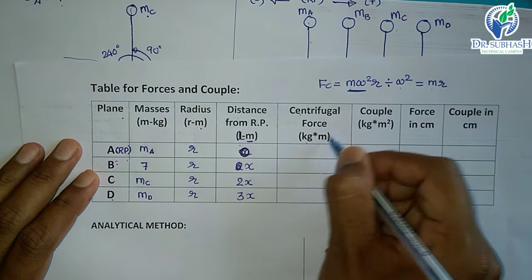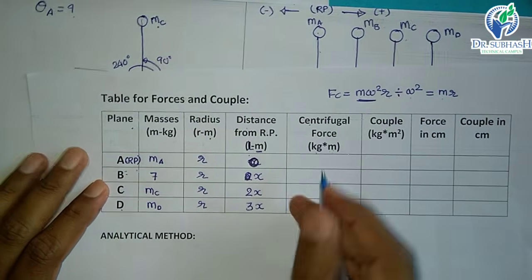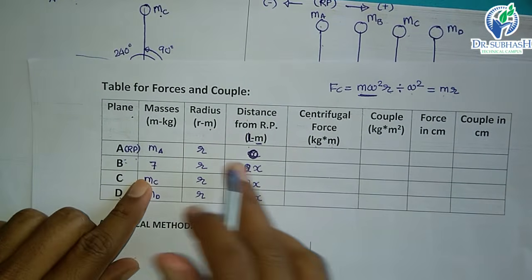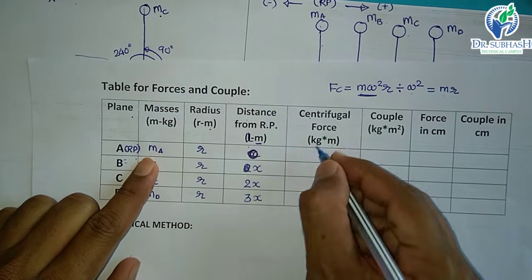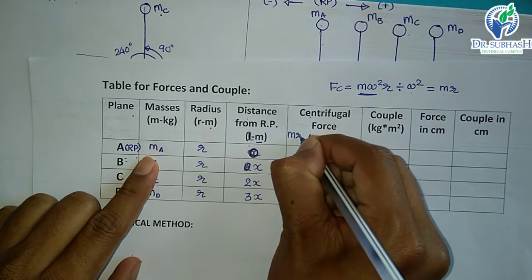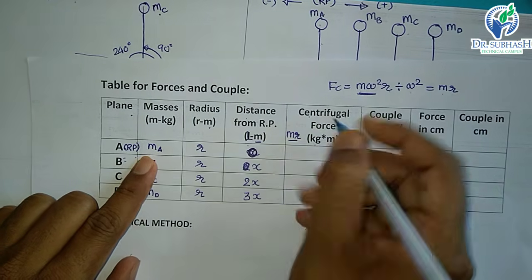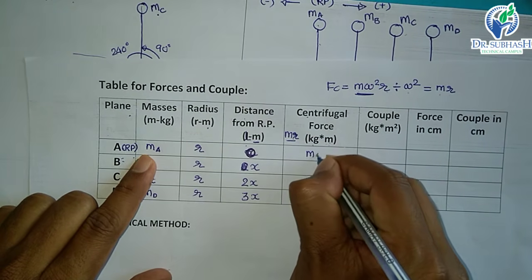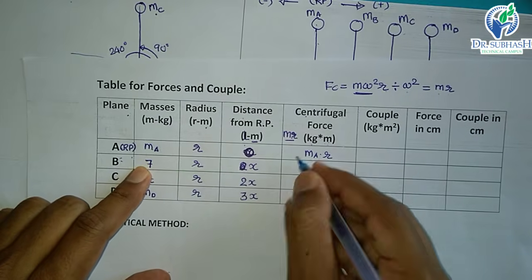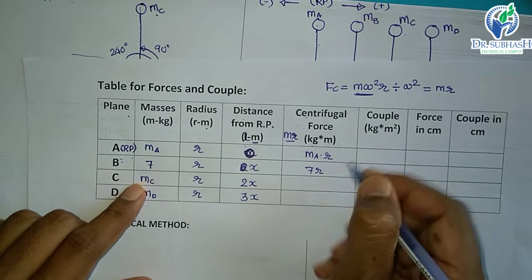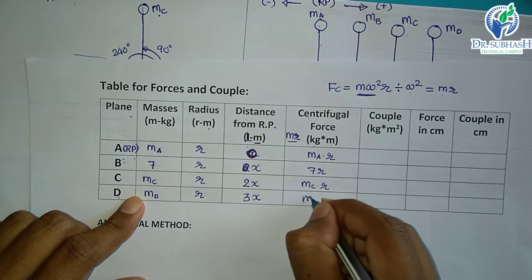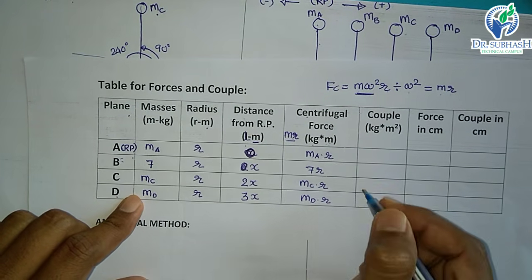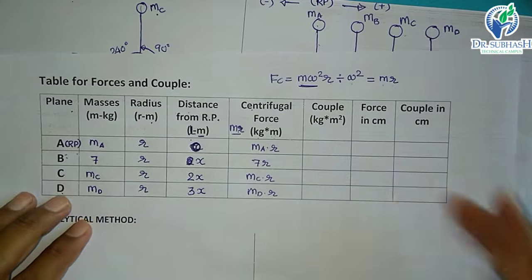Multiplying mass into radius, we get MA into r, here 7 into r, here MC into r, and here MD into r.